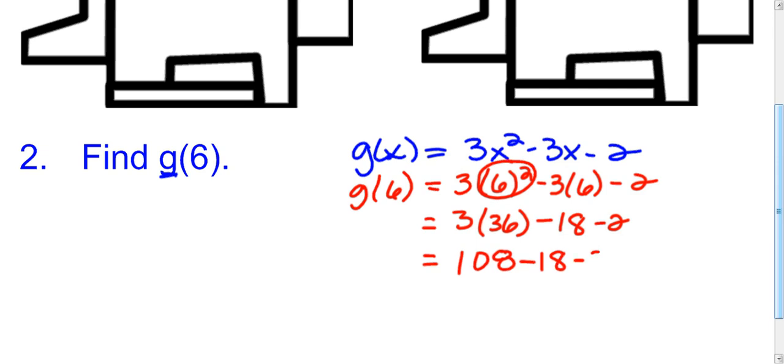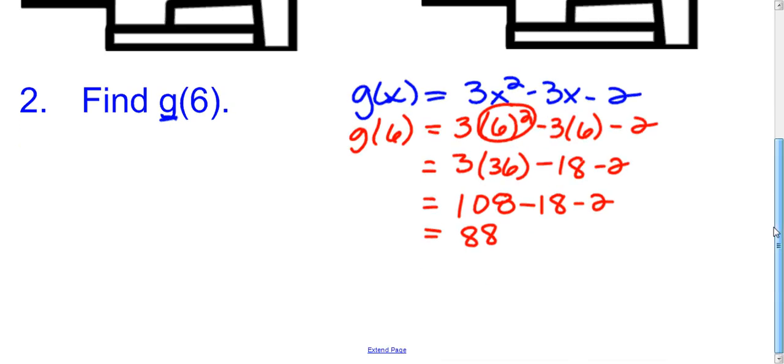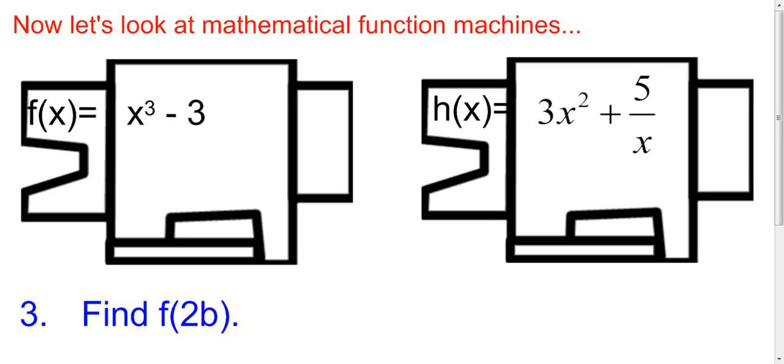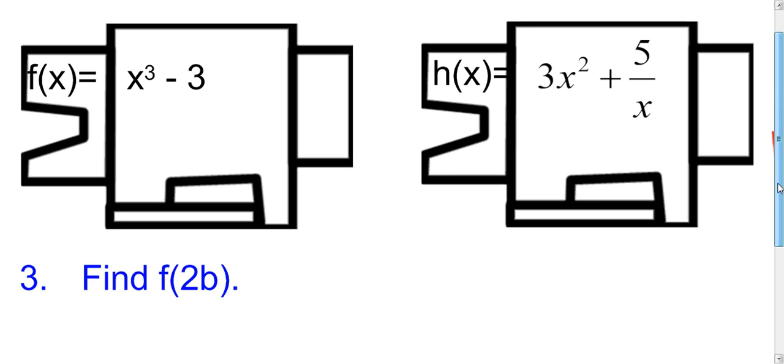Minus 18 minus 2 gives me 88 as an answer. So again, you could record this as a coordinate if you wanted to. When my input was 6, my output was 88. Or you could record it in a table or whatever. Okay, another one, f of 2b. This time I have variables in my input.